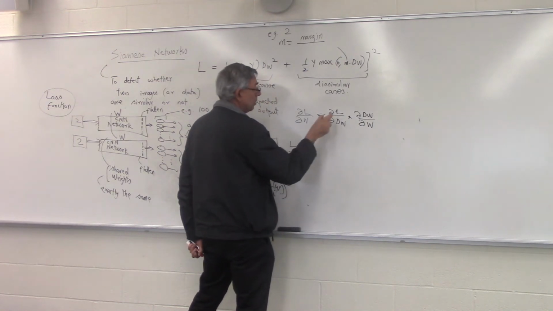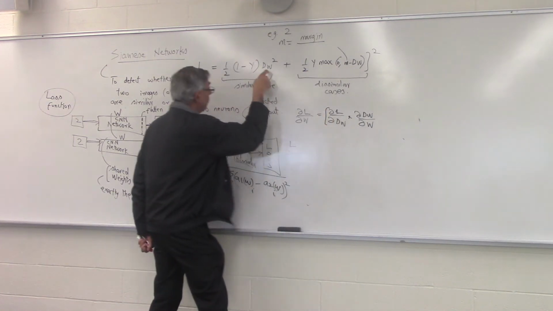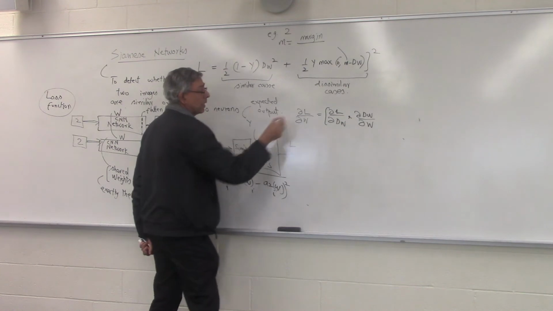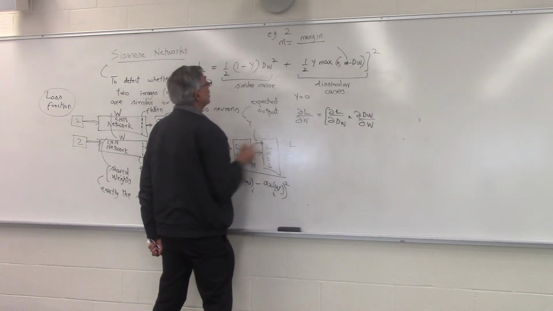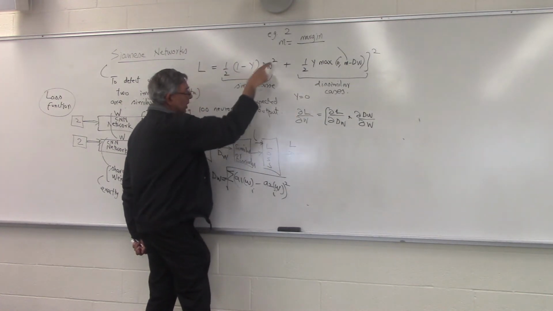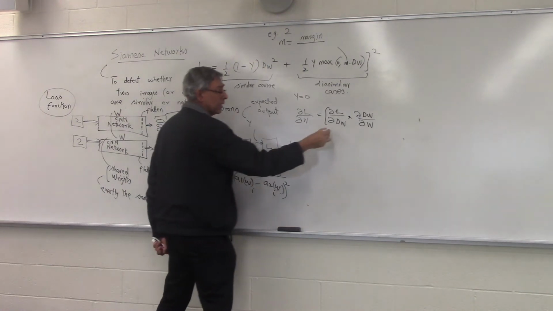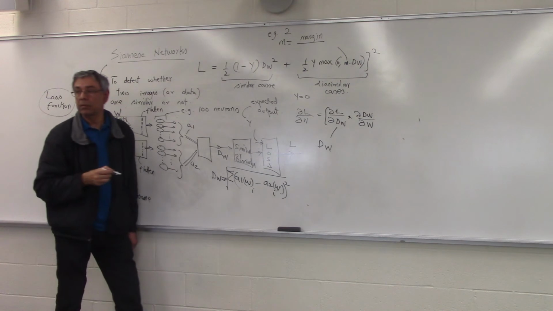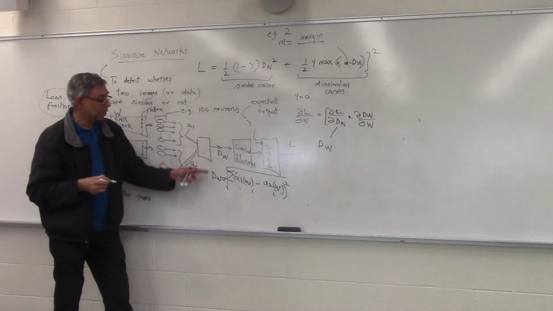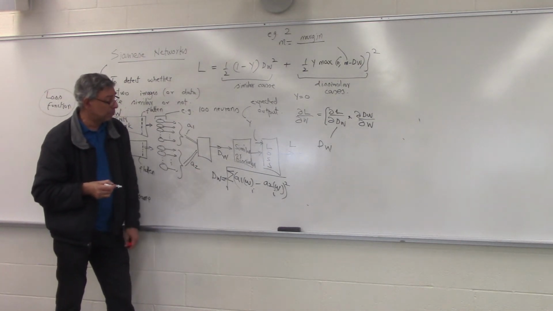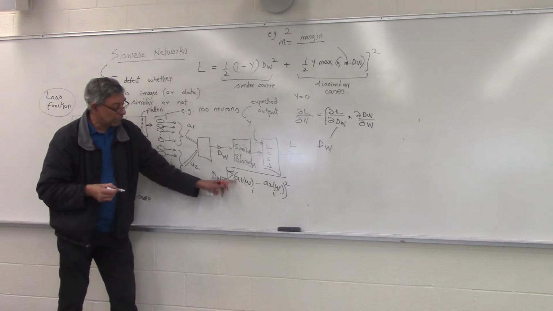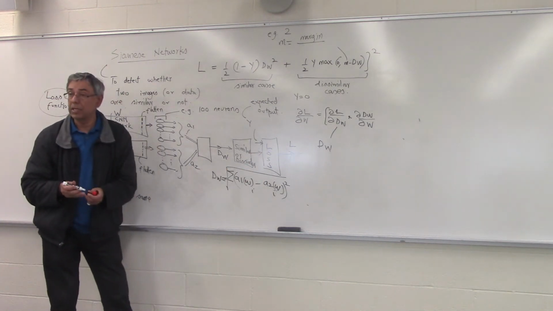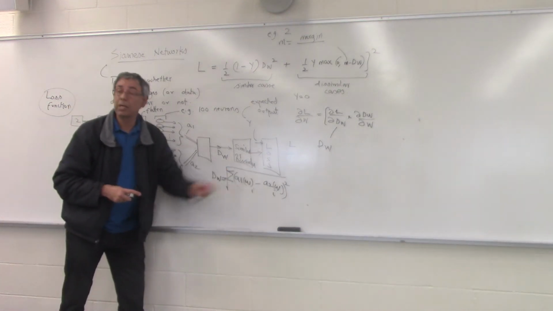Now what is this over here? For the similar case, Y will be 0, right? So this is just 1, the halves cancel. What is this part over here? 1 minus 1, dW, right? Then what is partial dW over partial W? We can take the further derivative of this with respect to W, right?